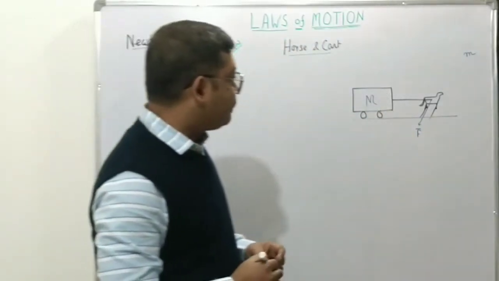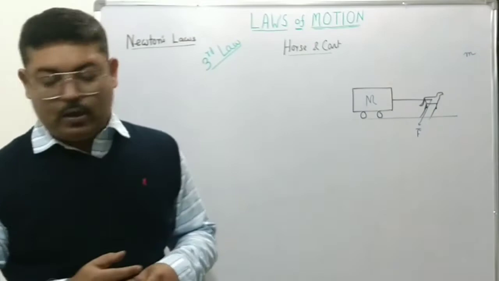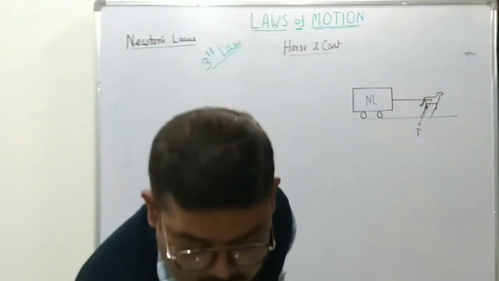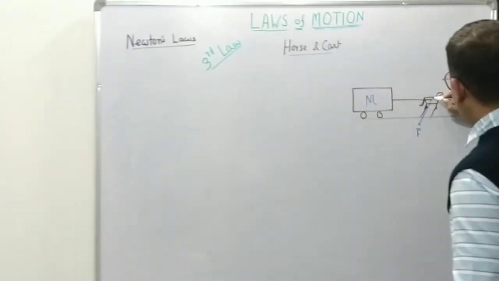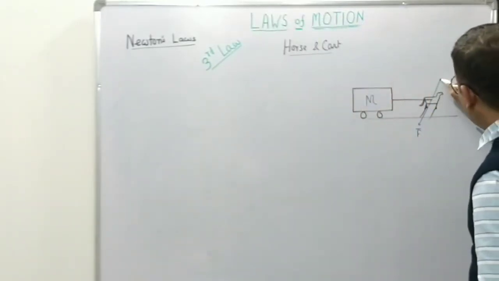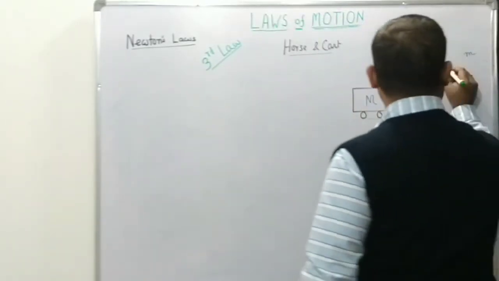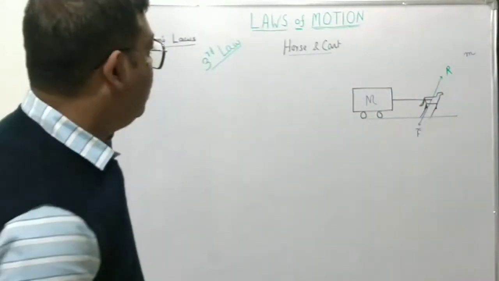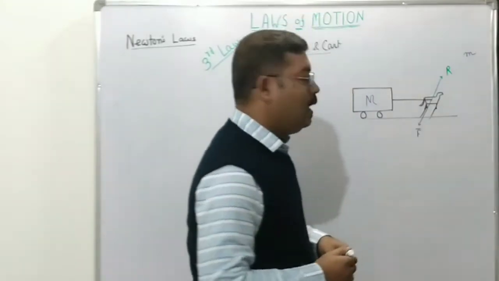So there will be a reaction to it. By Newton's third law of motion, that reaction will be equal and opposite and will be in this direction. Let's call this R. Okay. So this reaction will have two components.